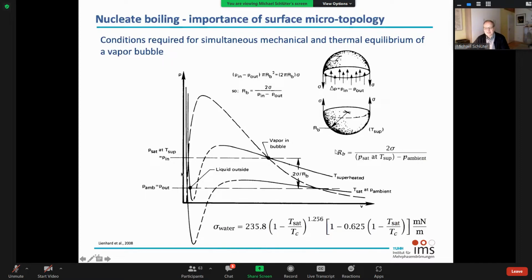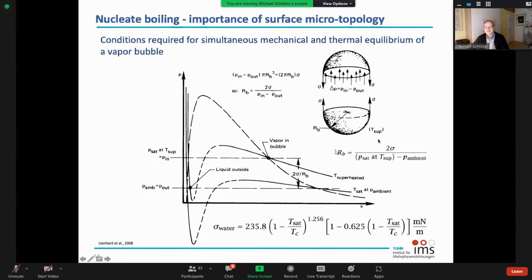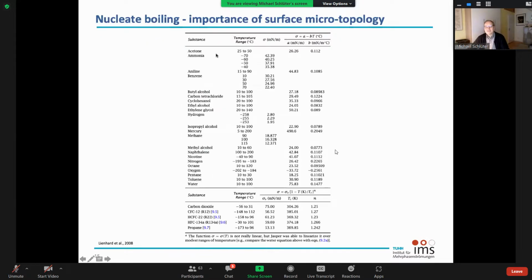With this, we can calculate our saturation temperature and the temperature in the system and the surface tension that appears here. With the surface tension and the temperature difference, we can calculate the radius of the bubble. This works with this diagram, and of course we need to know the surface tension for this Laplace equation here. You will find the surface tension in several textbooks.